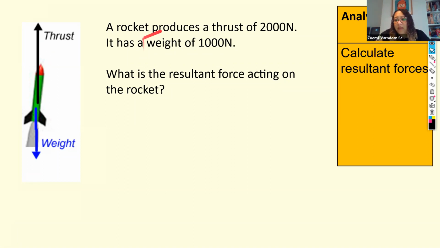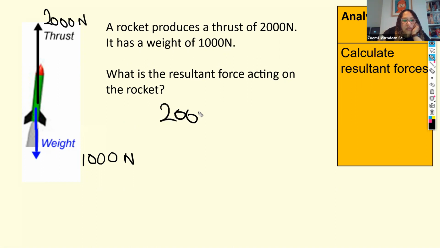Well, the beauty is that we can work it out. So if over here our weight is 1,000 newtons, and up here is 2,000 newtons. If the weight is pulling it down by 1,000 newtons and the thrust is 2,000 newtons, we can say that the overall force is 2,000 minus 1,000 newtons, and that will equal 1,000 newtons.